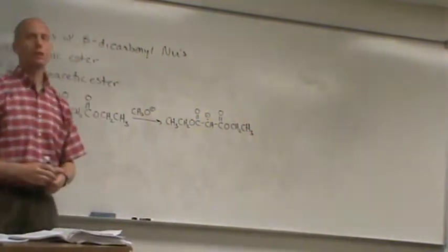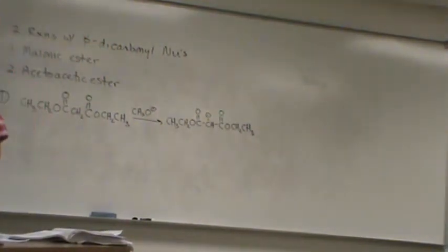So we get our enolate ion, okay, so the lone pairs on the middle carbon.